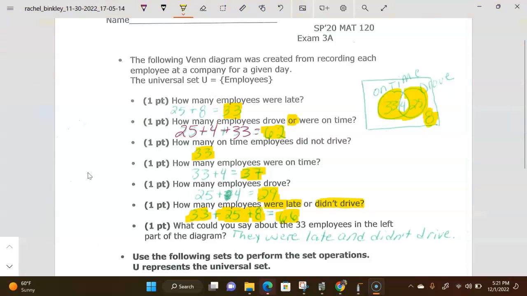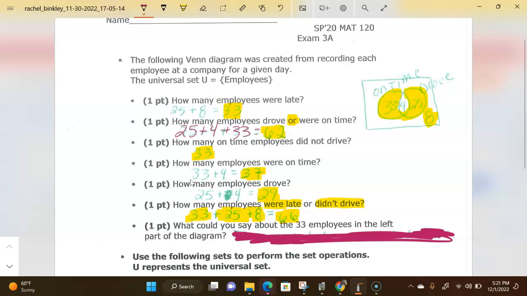Okay. All right, and the last one, I think I goofed it up. What could you say about the 33 employees on the left? Those employees were on time and didn't drive. I originally was thinking they were talking about the 8 on the outside. So let's cross that off. This is wrong. I apologize. These are the 33 on the left-hand side.